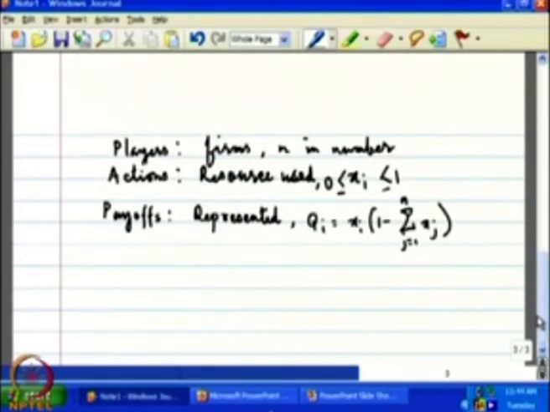So, this is the setting, this is the game theoretic representation of this situation.